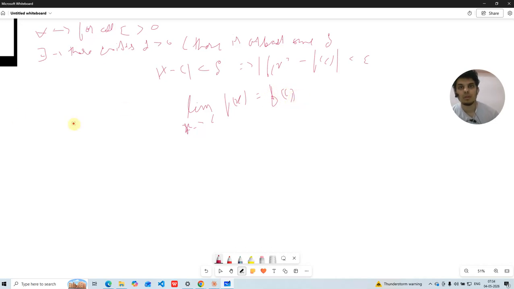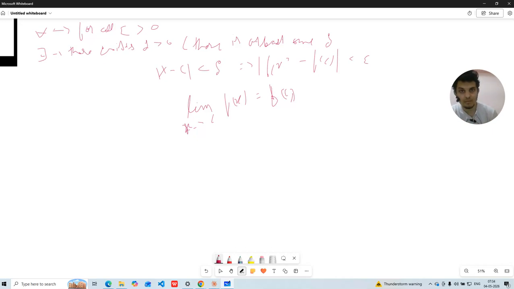Okay, limit and continuity. A function is continuous on set X belonging to R if f is continuous at each point.